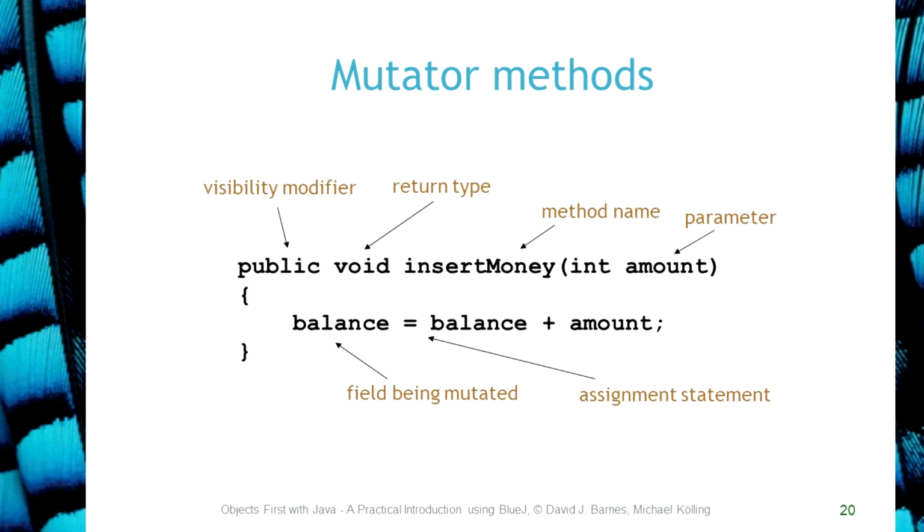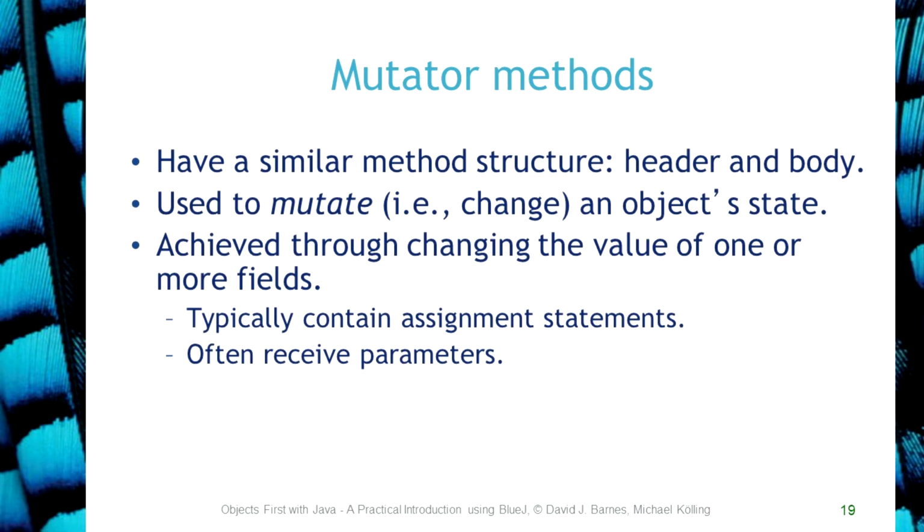We call methods that change the state of their object mutator methods, or just mutators. In the same way as we think of a call to an accessor as a request for information, a question, we can think of a call to a mutator as a request for an object to change its state.